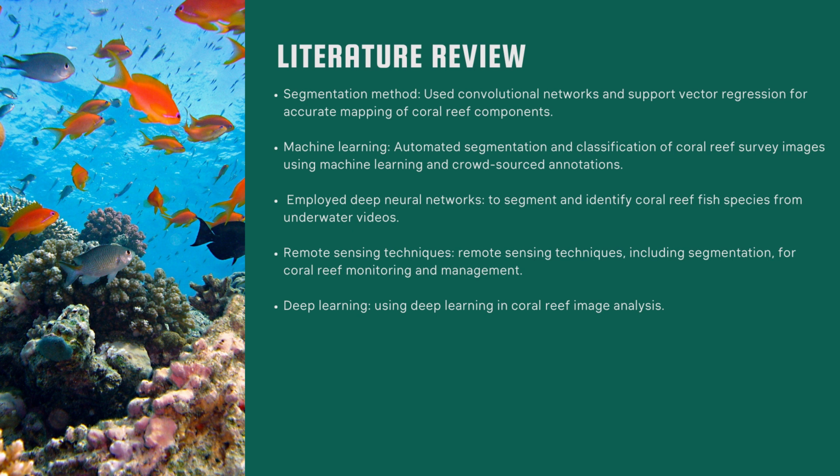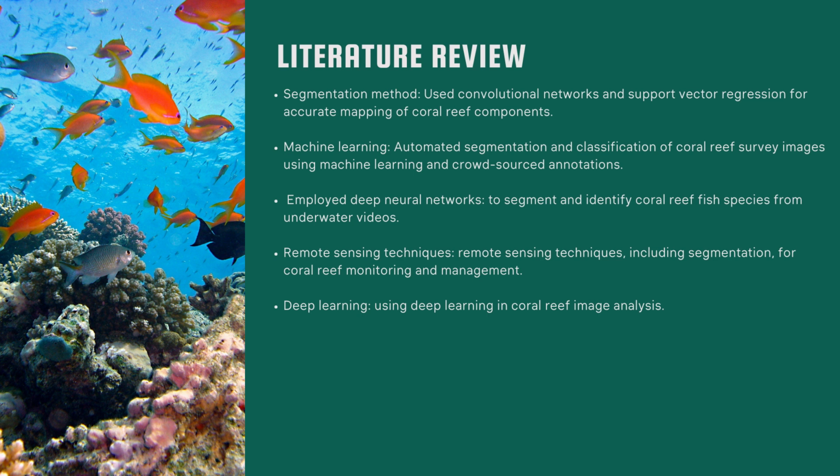Okay, for the literature review, we have some points here. First of all, segmentation method. It uses a convolutional network and support vector regression for accurate mapping of coral reef components. It shows potential for high resolution reef habitat mapping. The second point is machine learning.